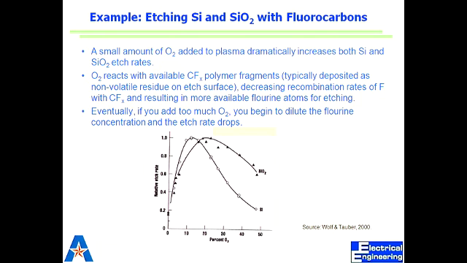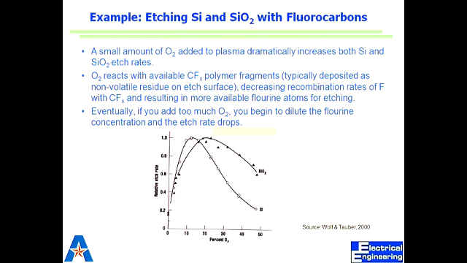So after that, now we talk about this: adding oxygen increases the etch rate, and it increases the etch rate for both silicon and silicon dioxide. This is what we concluded.